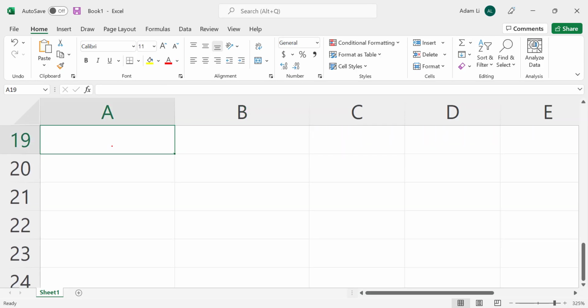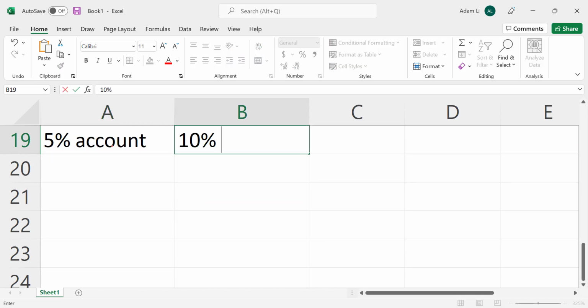So this is the 5% account. The other one is the 10% account.